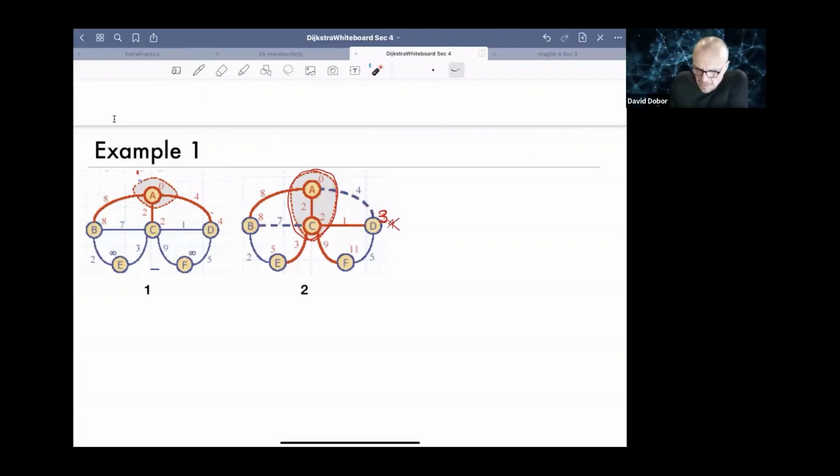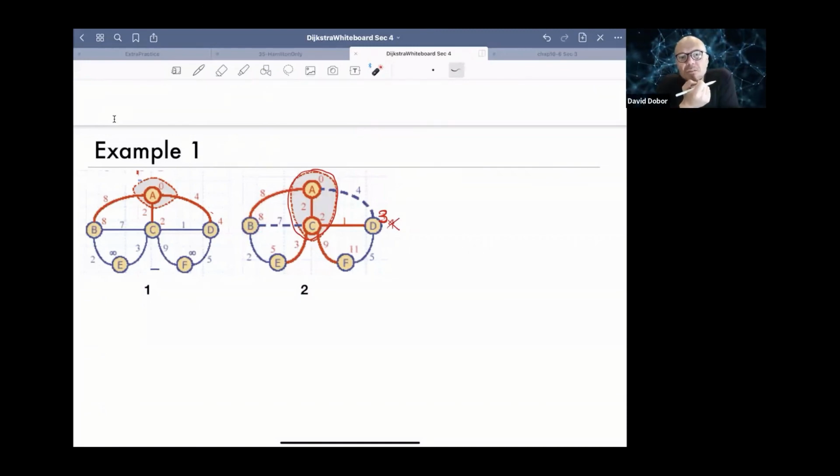So here, a way of reaching B is at an additional cost of 7. But now 2 plus 7 is 9. And a total cost of 9 is not better than the cost of 8 of reaching B, right? So I leave that 8 alone. I don't update this 8. Just leave that alone.